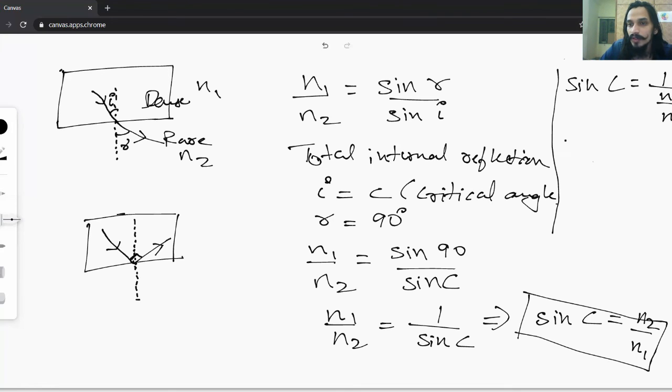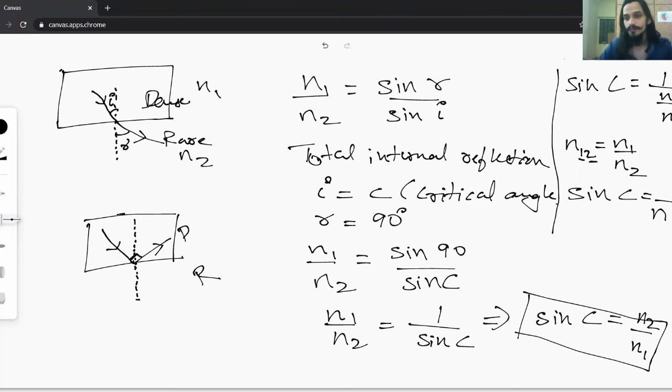So if you remember, n12 is nothing but n1 by n2, that is the relative refractive index of the first medium with respect to the second medium. So that is basically from the dense one to the rare one, right? So I can write this as sine C equals 1 by n12.